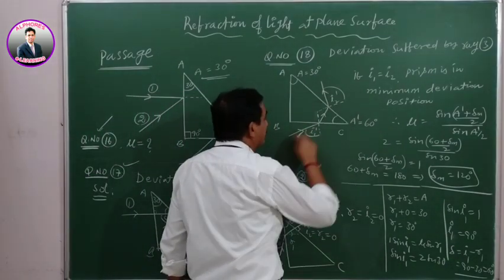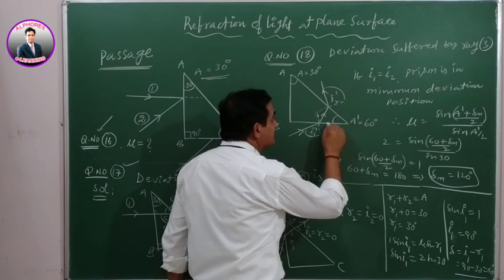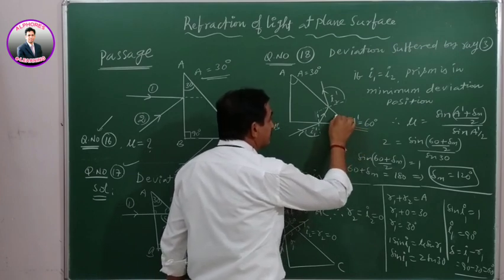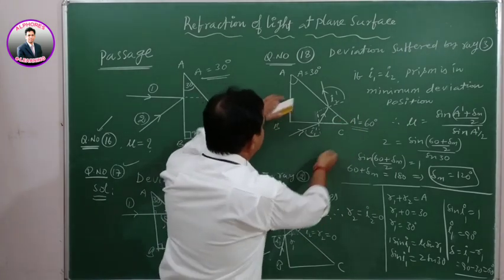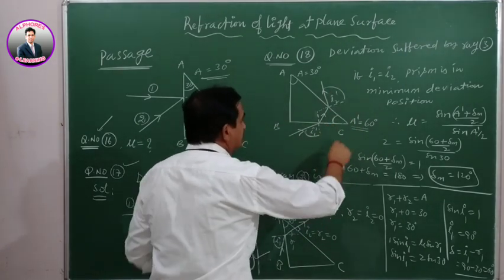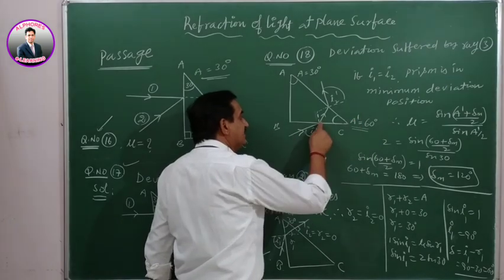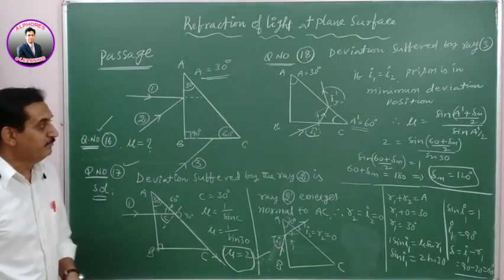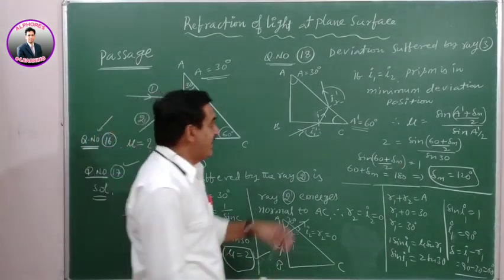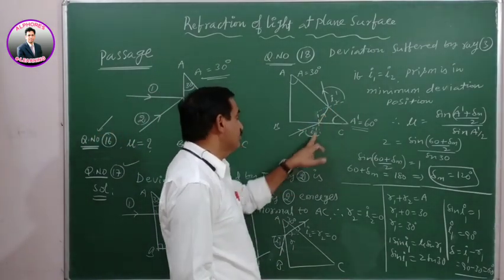For this ray, this angle is taken as the angle of prism. If you rotate this in this way, this is the prism, the angle of prism, and it is refracted, it is in minimum deviation position. The condition is that the angle of incidence and angle of emergence are both equal.